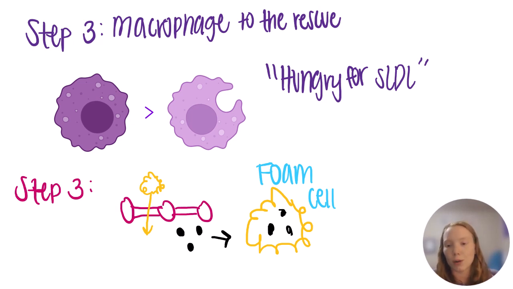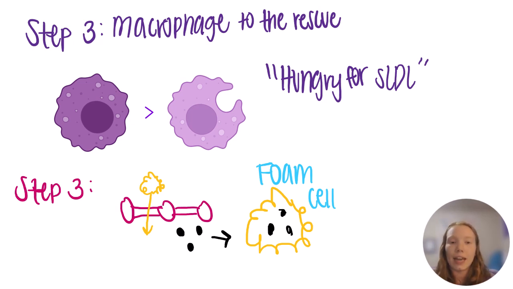Macrophage is a type of white blood cell, and its main goal is to eat and engulf and oxidize whatever it consumes. So if it's a foreigner, it's going to eat, engulf, oxidize it because it does not need to be there. So these macrophages are hungry for SDL, the small LDL.